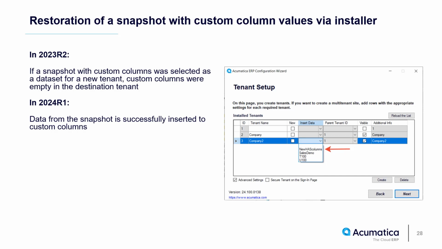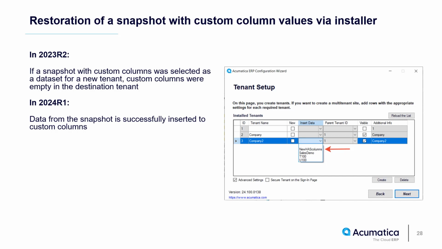So that means that you can restore bigger snapshots, bigger than 1 gigabyte, but only if those are not containing any custom columns, any custom fields, because those will be lost during the restoration process.